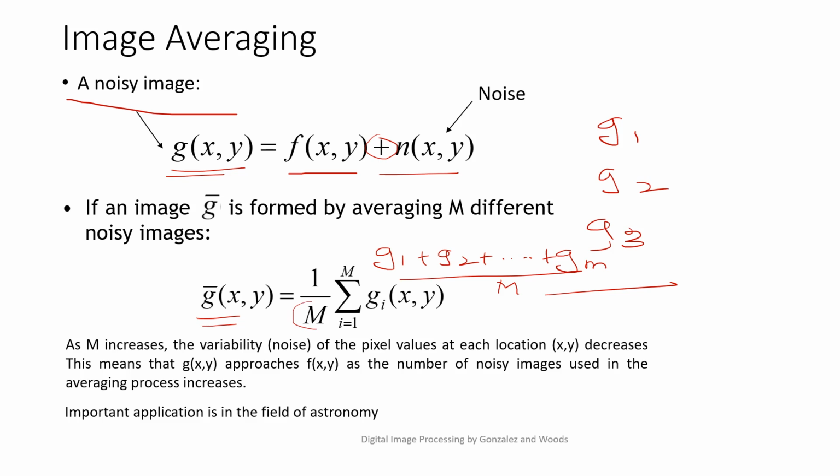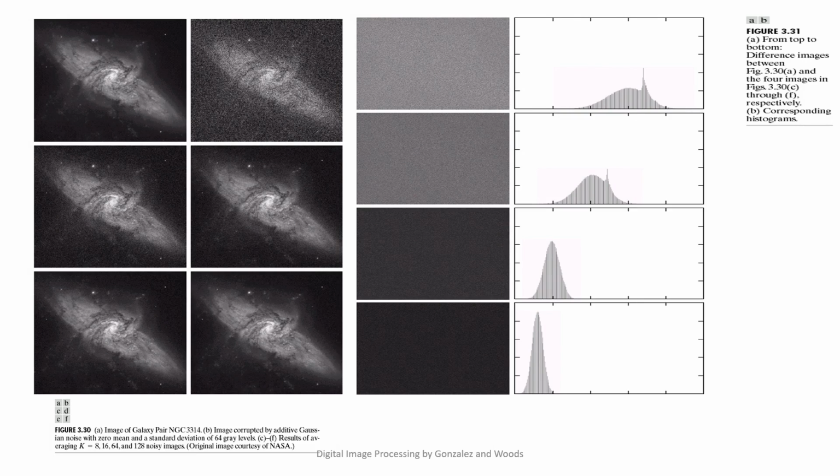So as you increase m, that is the total number of noisy images, this g bar will approach the original image f, which is a noiseless image, right? It's an original image. Generally we use this in the field of astronomy. Here you can see the first image is the original image, which is not a noisy image.